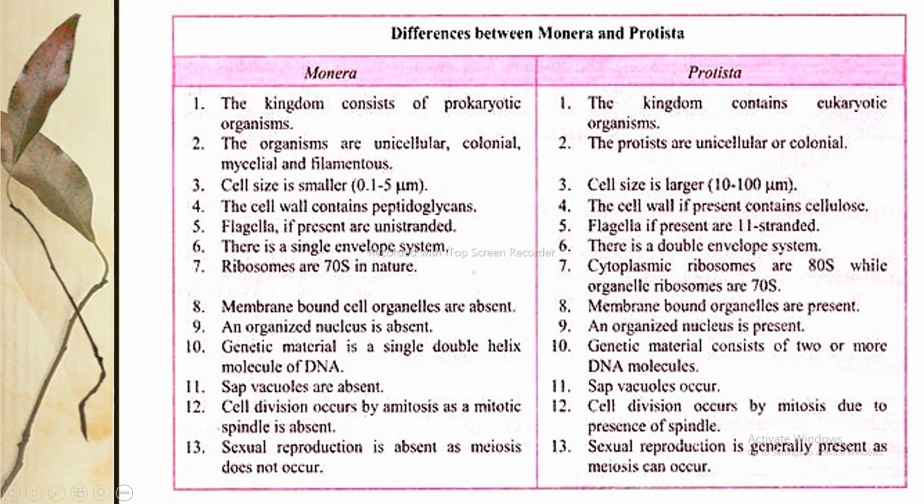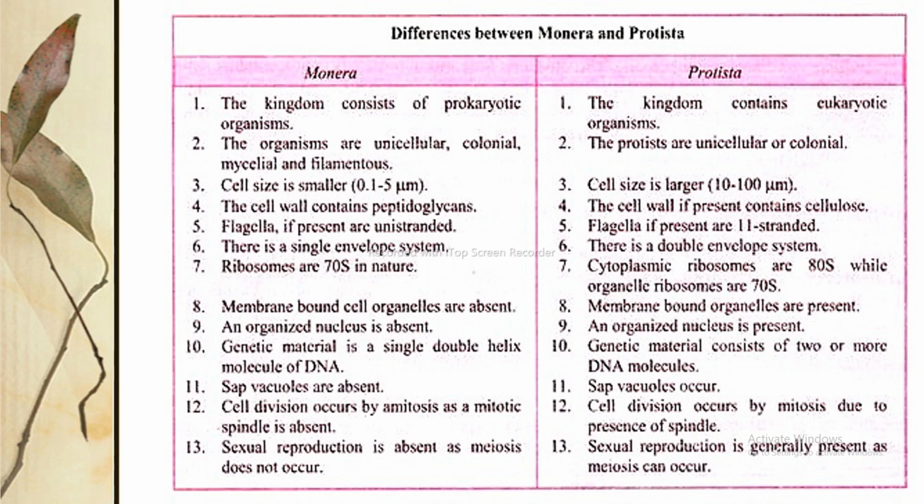So what are the differences between the Monera and Protista? These are as follows. First I will discuss Monera and then I will discuss Protista. Monera, the kingdom consists of prokaryotic organisms. Protista, the kingdom contains eukaryotic organisms. In Monera, the organisms are unicellular, colonial, mycelial or filamentous.